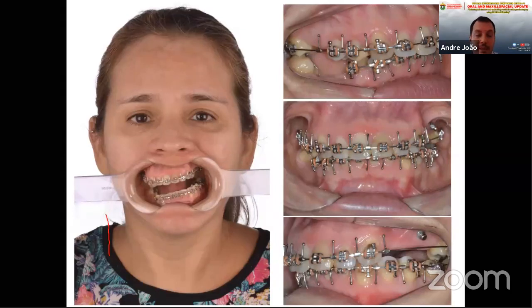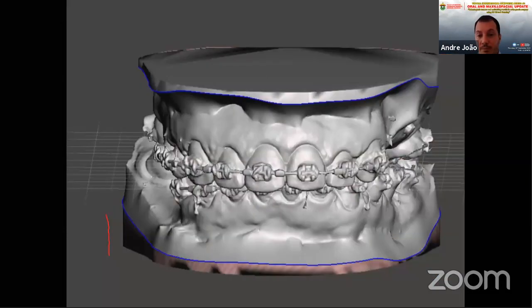And even with communication, sometimes you don't get the ideal orthodontic treatment pre-surgery, before surgery.